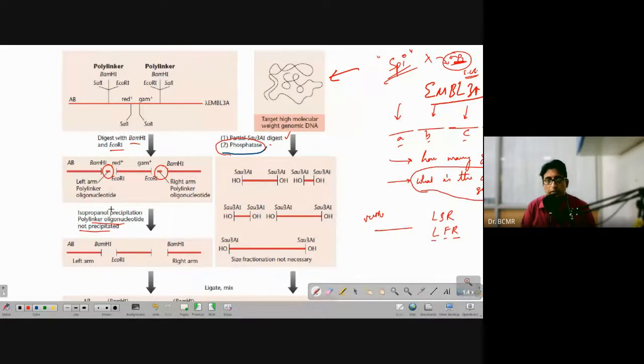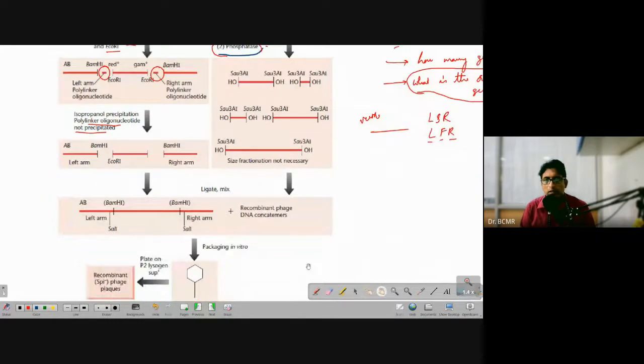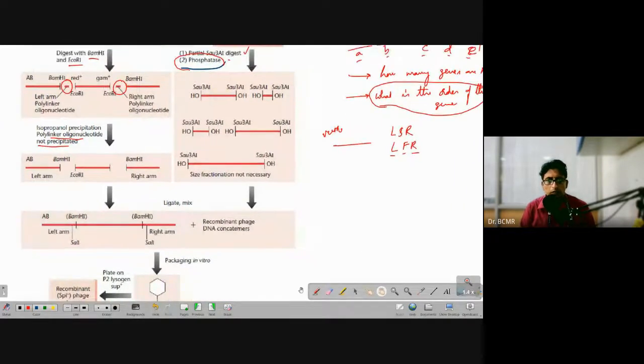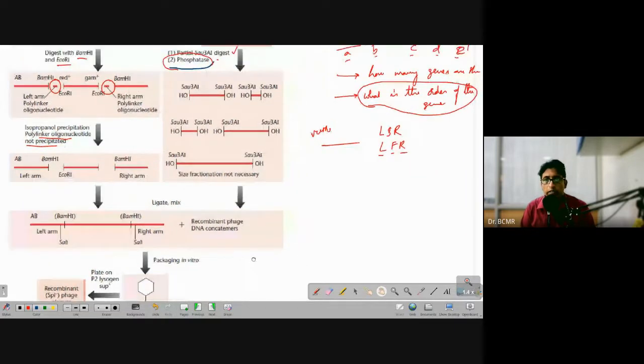isopropanol precipitation because they are very small. The larger ones will precipitate faster, whereas the smaller ones will precipitate slower. And then we will ligate, and we know when we put it on a P2 lysogen, only those that are recombinant will grow or form plaques, and those with the stuffer region will not form plaques.